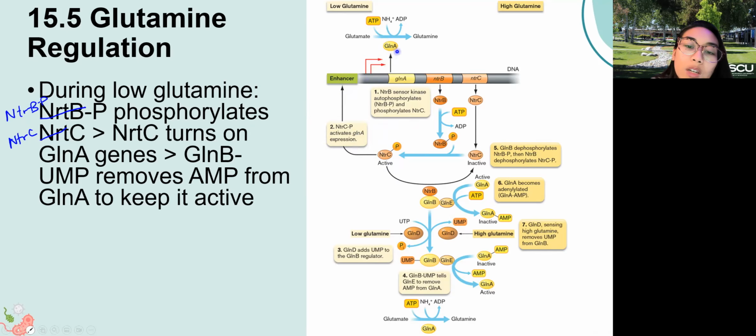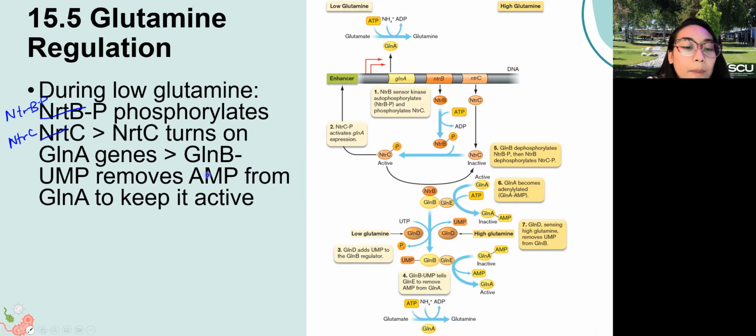Remember that this protein uses ATP to produce glutamine. When it does, the ATP gets converted into AMP, and if that AMP is stuck on GLNA the whole time, it's inactive. So essentially, we have to remove the AMP.